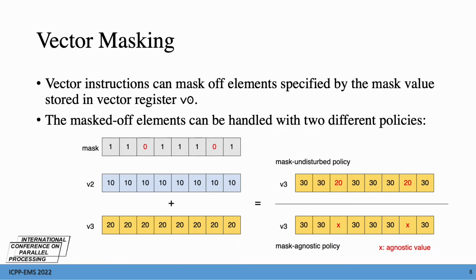The example at the bottom shows the difference between these two policies. When v3 adds v2 values, the masked-off elements remain the same if using the mask undisturbed policy. However, they will be undefined or agnostic values when using the mask agnostic policy. This policy enables expressive semantics and optimization opportunities.